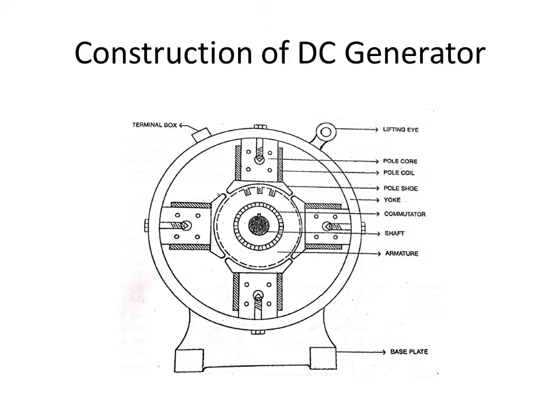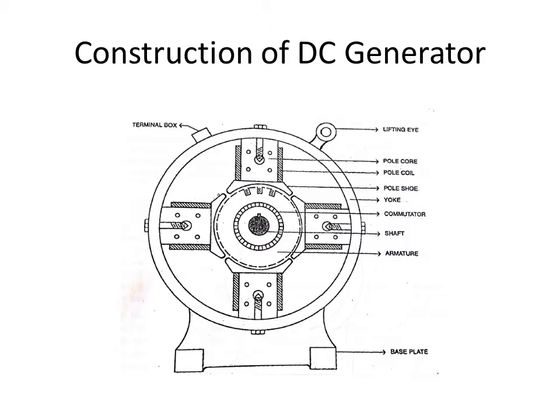When the conductors rotate in the stationary magnetic field, they cut the magnetic flux lines, and according to Faraday's law of electromagnetic induction, EMF is generated in the conductor. The magnetic flux lines are generated by the magnets, and the armature conductors rotate in this stationary magnetic field, which generates the EMF. That is the working principle of the DC generator.